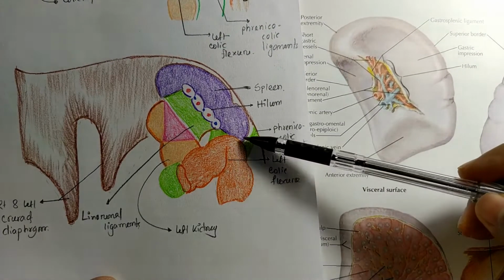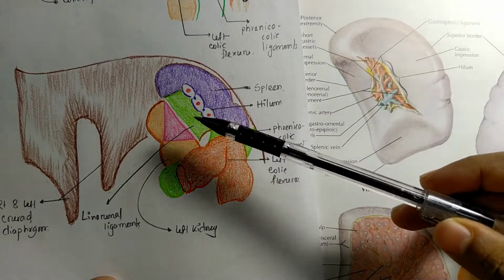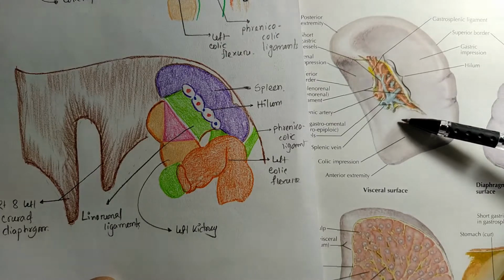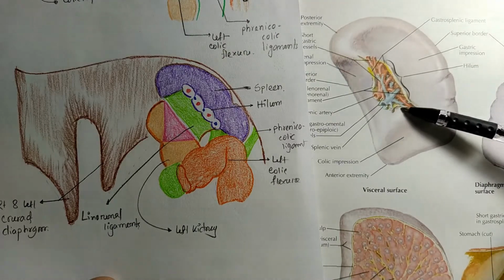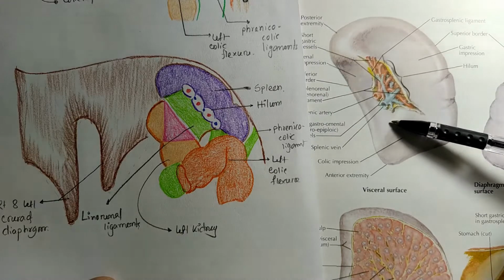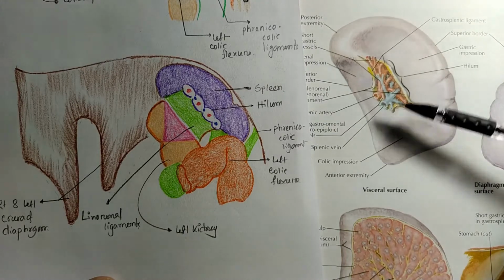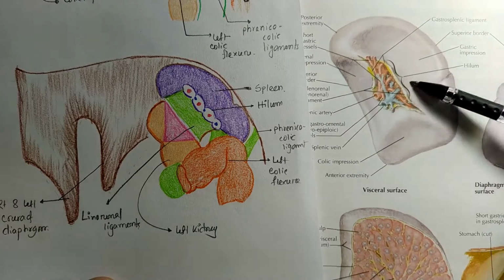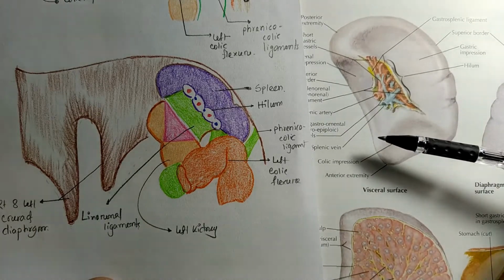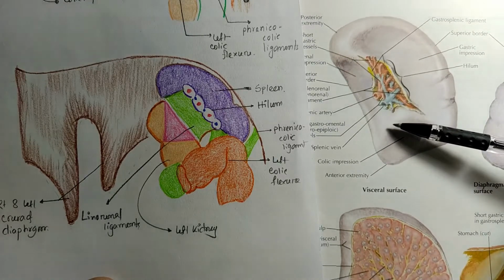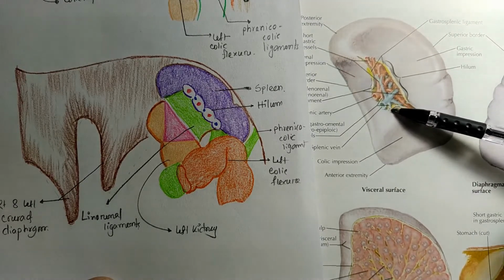So these ligaments are so important, and the hilum of the spleen is also attached with the tail of the pancreas by the pancreaticosplenic ligament. So pancreatico means one end of the ligament is connected with the tail of the pancreas, another with the spleen.